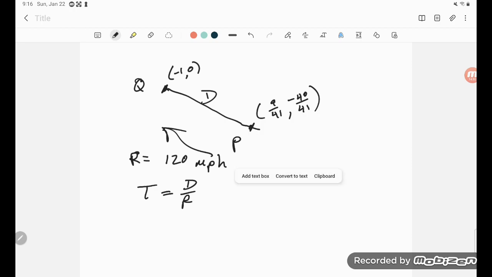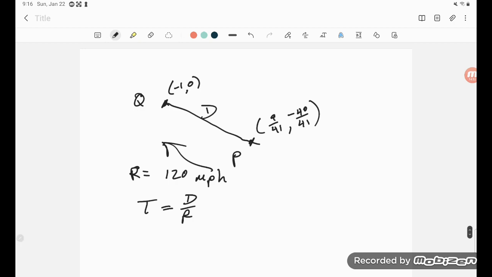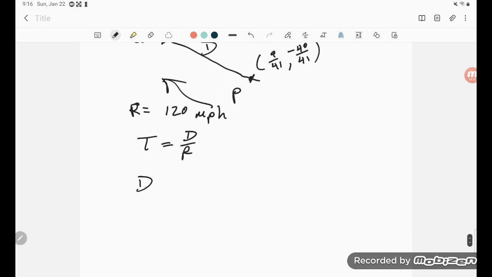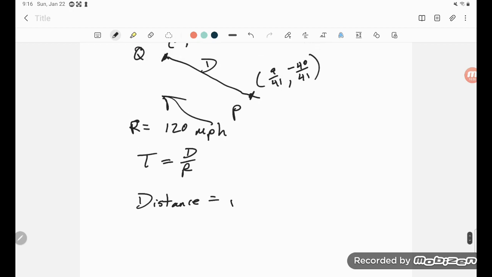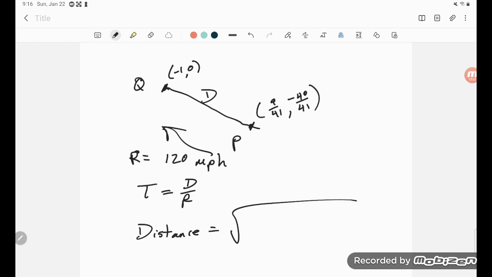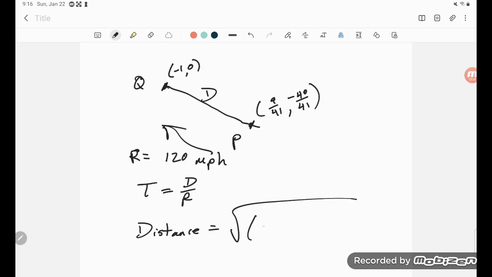So distance, I can get that, my distance is just equal to, using the distance formula, I have -1 minus 9 over 41 squared plus 0 minus a negative 40 over 41 squared. There's supposed to be 2 parentheses there.